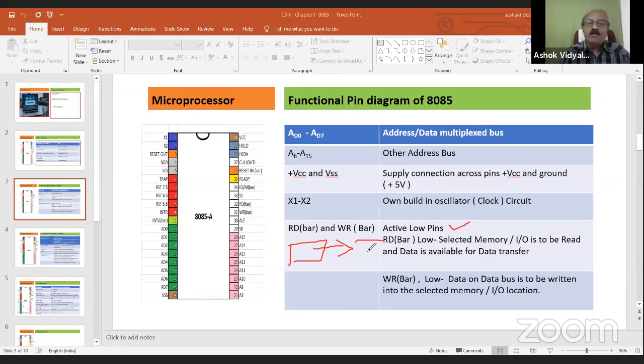Therefore, when RD bar is low, the selected memory or IO is to be read and the data is available for the data transfer. So if you see a memory, what is the use of memory? The use of memory is to store data, nothing else.